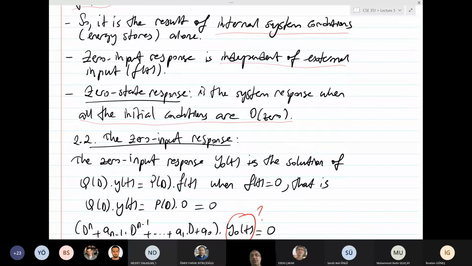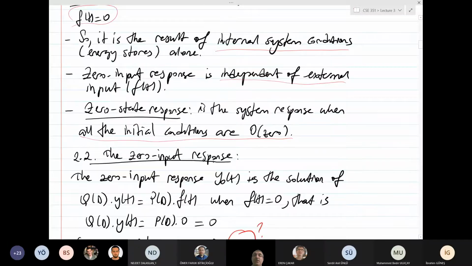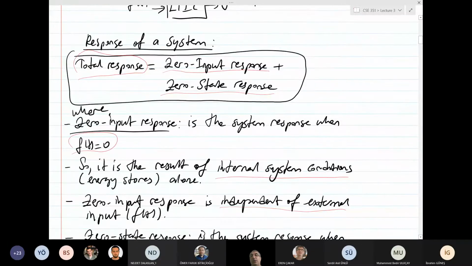Then once we find the zero state response and zero input response, we add them up in order to obtain the total response of a system. So this is how we analyze a system in time domain.